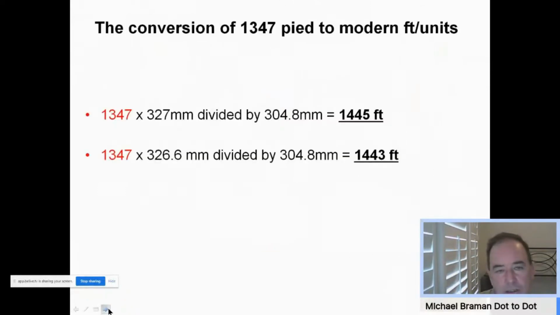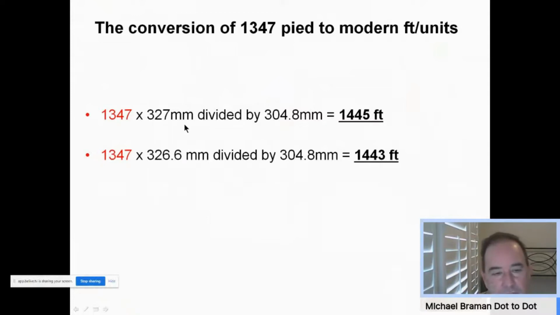So when you take 722 feet and you double it, you get 1,444 feet. When you convert that number on the Rochefoucauld map, 1,347, which is in a French unit of measure that was before 1668, and that unit of measure is 326.6 millimeters.